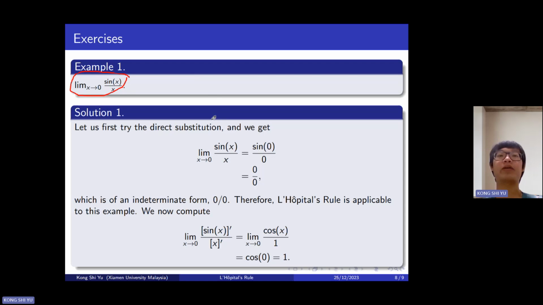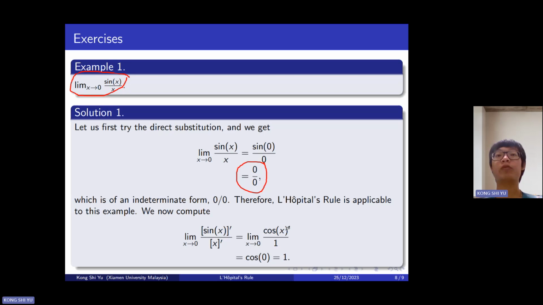So let's see if we can get the same result by using L'Hopital's rule. Before we do that, let's try direct substitution. We get sine 0 over 0, and sine 0 is equal to 0. So we get an indeterminate form 0 over 0. Therefore, L'Hopital's rule is applicable to this example.